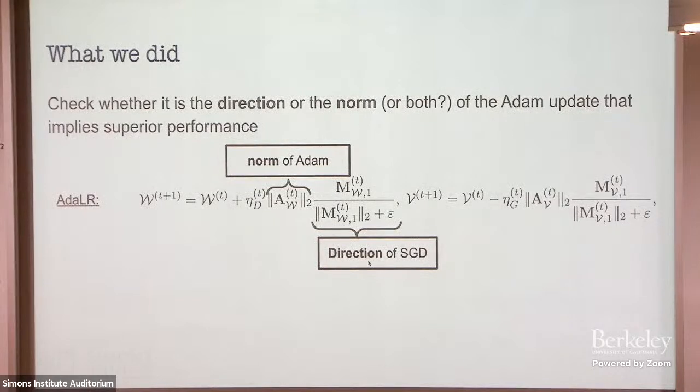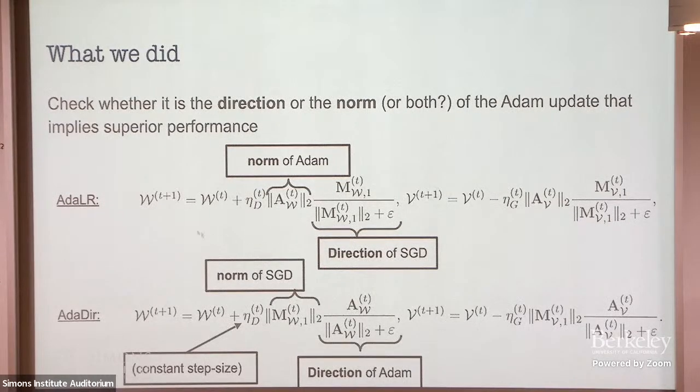So we proposed two methods that we call ADA-LR and ADA-DIR. For ADA-LR, you compute in parallel the SGD update and the Adam update. You take your SGD update, divide by its norm and multiply by the norm of Adam, and you do the same for the other player. Conversely, for ADA-DIR, you take the direction of Adam and multiply by the norm of SGD.